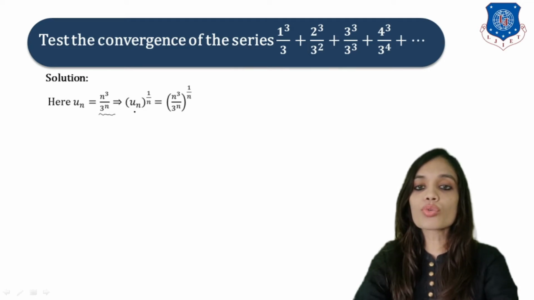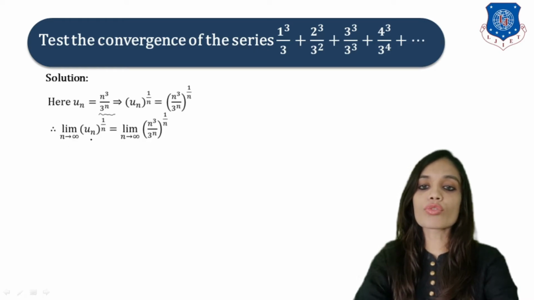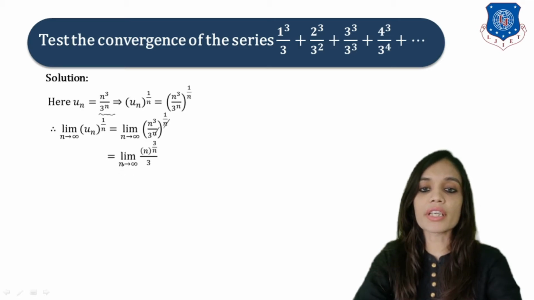Now find your un raised to 1 upon n. That will be equal to n cube upon 3 raised to n whole raised to 1 upon n. Now find limit n tends to infinity un raised to 1 upon n. Now you can see this n and n get cancelled out. So what is remaining?